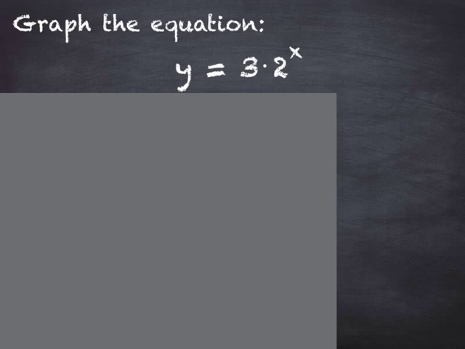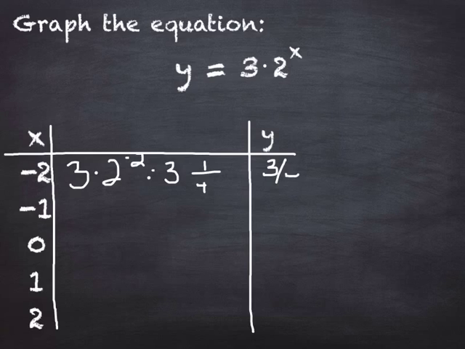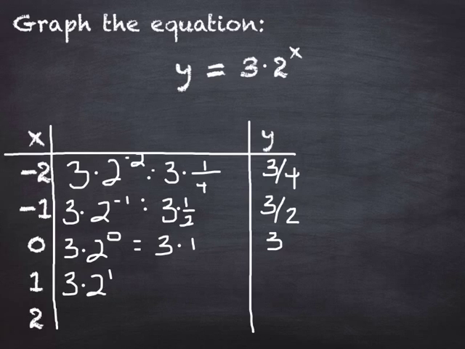When you are asked to graph the equations, you're going to plug them into a table just like you normally would with other functions. 3 times 2 to the negative 2 power would be the same as 3 times 1 over 4, or 3/4. 3 times 2 to the negative 1 power is the same as 3 times 1/2, which would be 3/2. 3 times 2 to the 0 is the same as 3 times 1, which would be 3. 3 times 2 to the first would be 3 times 2, which is 6.